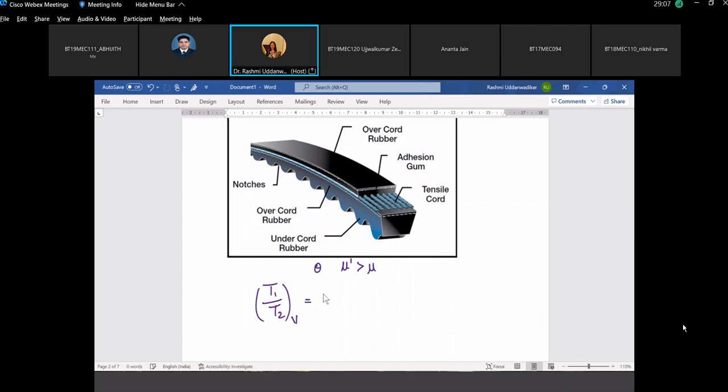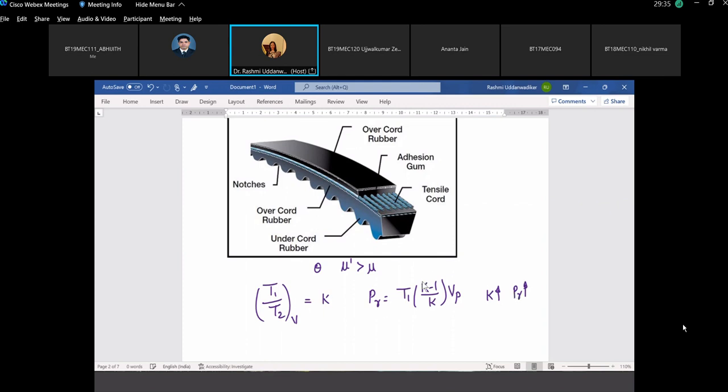If we take this ratio as K, the power transmission capacity is T1 into (K minus 1) by K into Vp. Since this value of K is higher for V belt, the power transmission capacity also increases. So with the increase in this ratio of T1 by T2, the power transmission capacity also increases.